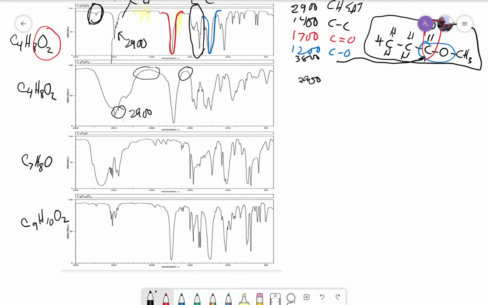But the real clue to this structure is this big broad peak here, starting here, ending here. It can only mean one thing, and that is that this is a carboxylic acid. That OH stretch can only come about and be that wide if it's a carboxylic acid.